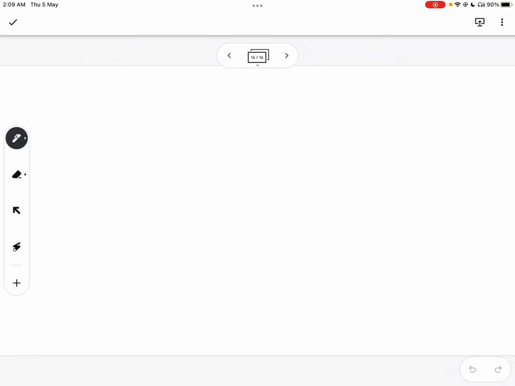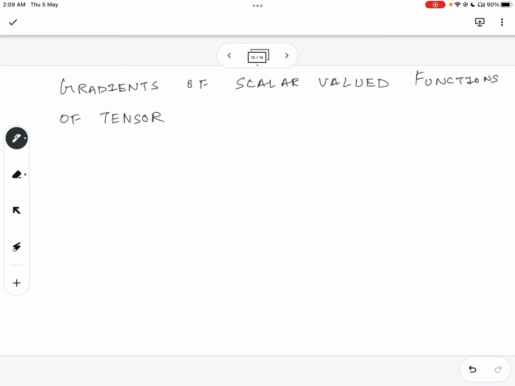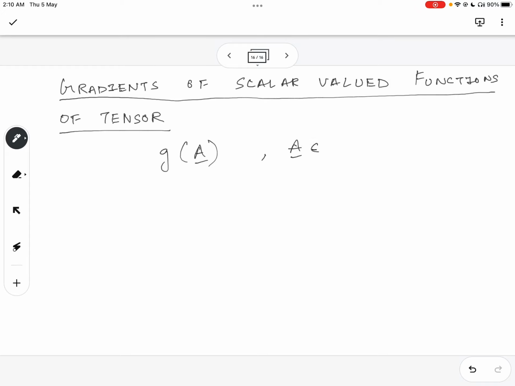Next, we will look at gradients of scalar valued functions of tensors. We have looked at scalar fields, that is, scalar valued functions of the position x. I will look at a function g which is a scalar function of a tensor A belonging to Lin.